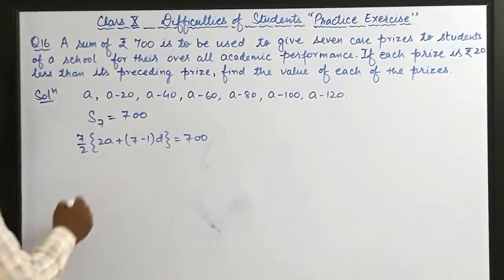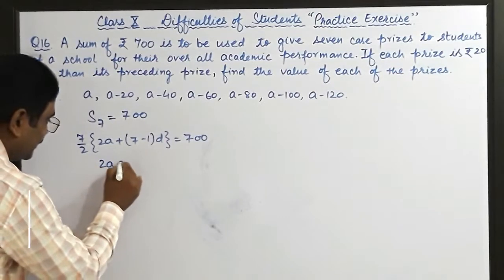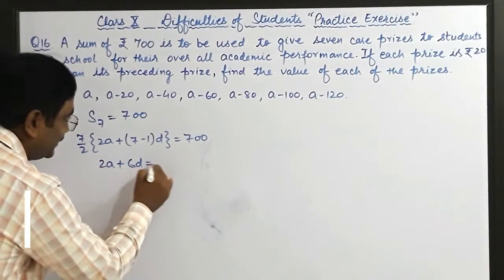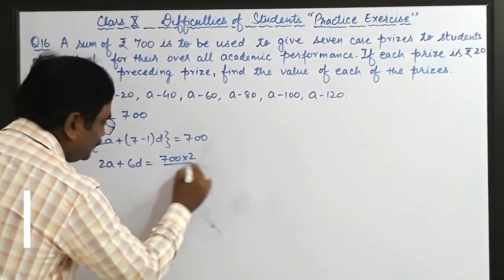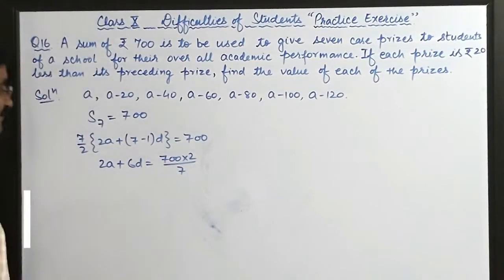Now this 2A plus 6D is equals to 700 multiplied by 2 by 7.